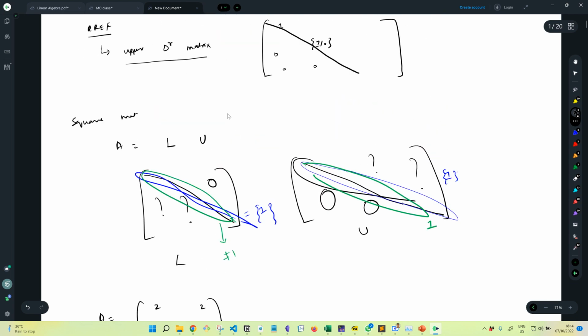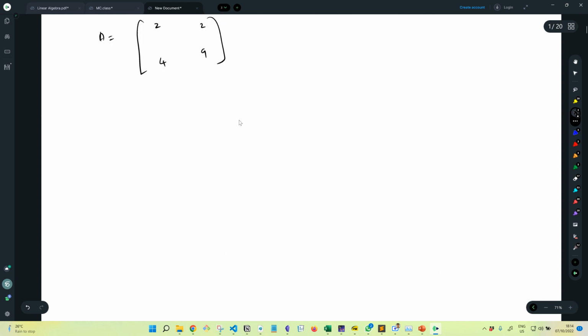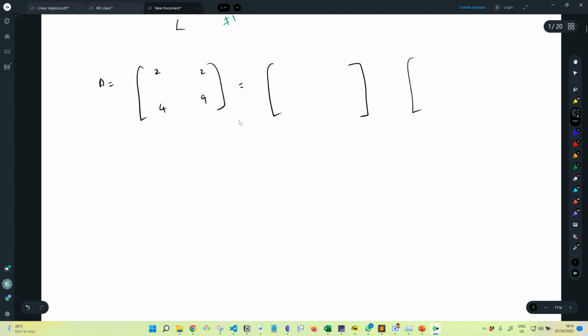Right? You are given a matrix A, which is [2, 2; 4, 9], and this A can be represented as a product of lower and upper triangular matrices. Let's call this L and this U. Now if I draw the leading diagonal, we are given in the question that the upper triangular matrix has all the entries on the leading diagonal equal to 1.